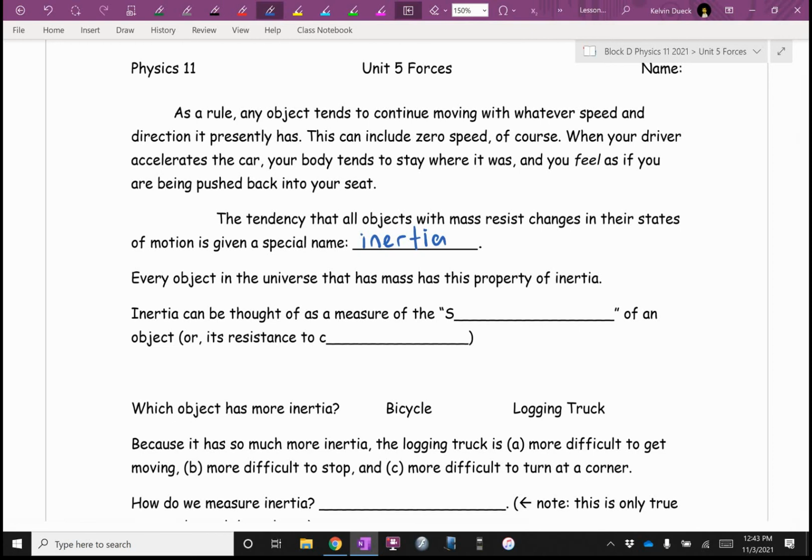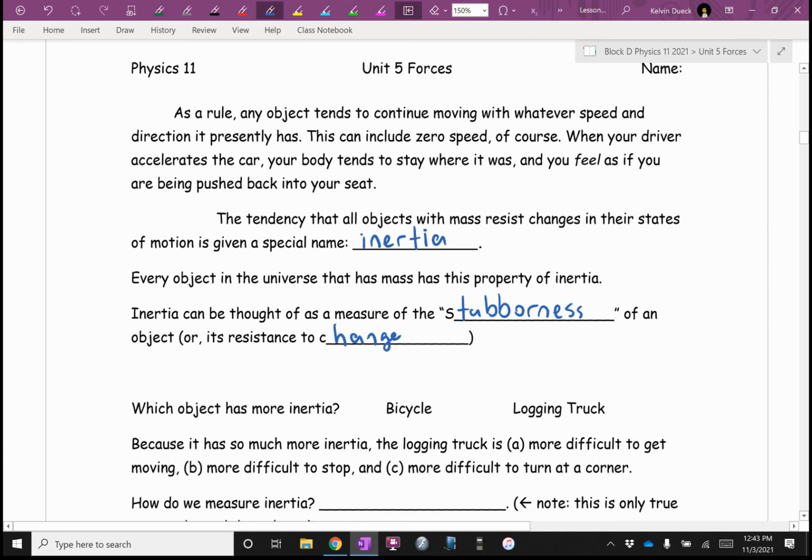The more mass you have, the more inertia you possess, the harder it is to get the object to accelerate, to speed up, slow down, or turn. You can think of inertia as the measure of the stubbornness of an object, or its resistance to change.